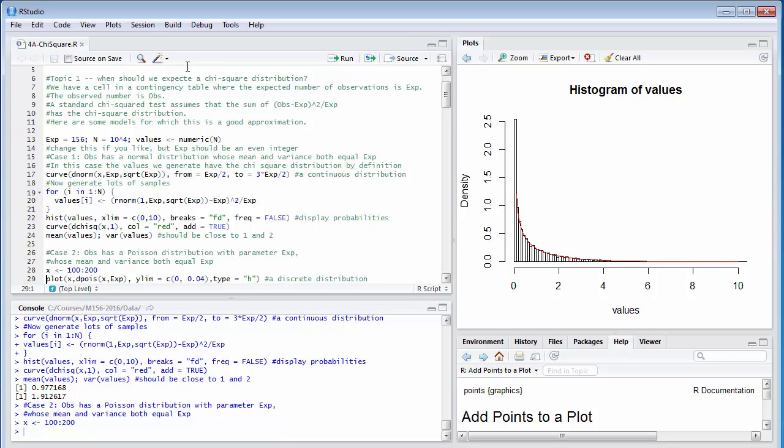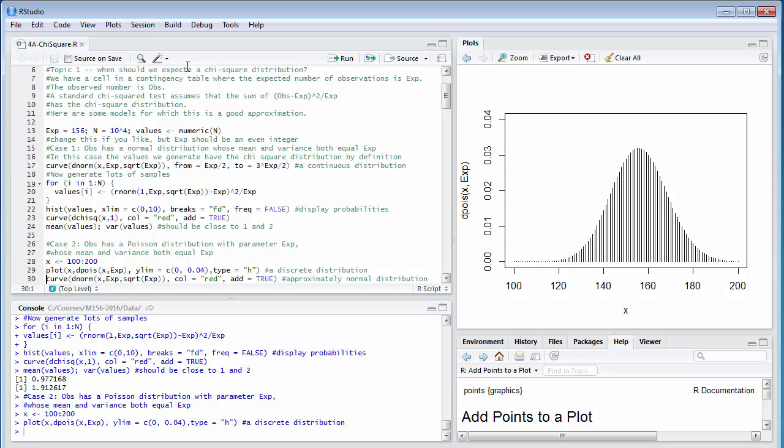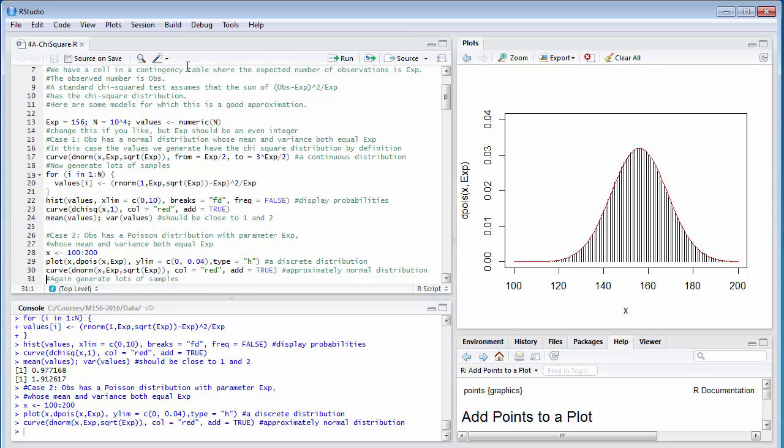So here is a plot of the Poisson density function. This is a discrete distribution, but doing plot with type equals h gives us a very, very nice looking histogram that you can compare with a continuous distribution. And in fact, if I overlay the density function for the normal distribution, there's a nearly perfect matchup.